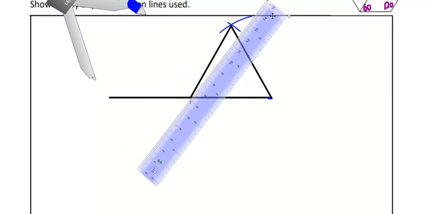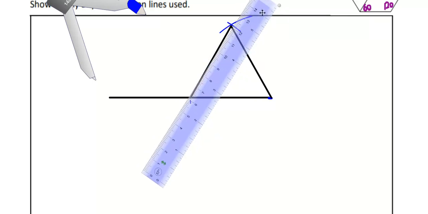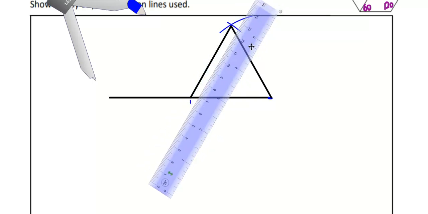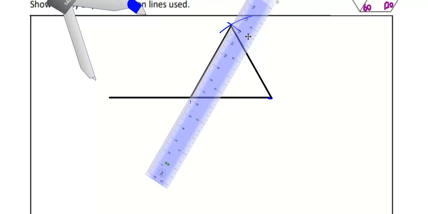So I'm just going to match that up to the 12. Once again, this is going to be 12 centimeters all the way down. Okay, that's pretty handy.